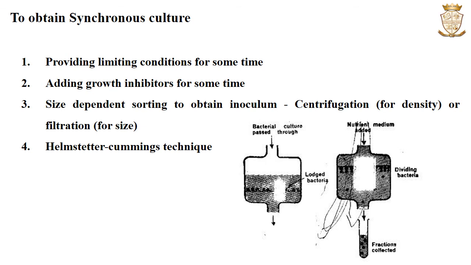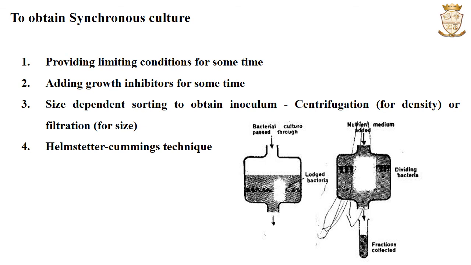Most bacteria will be passing through, but some will remain bound to the membrane. And if we provide fresh medium, these bound bacteria will start to grow, and the newly formed, newborn bacteria will detach from the membrane. They all will be in the same stage of growth, and they will start to divide in a synchronous manner.